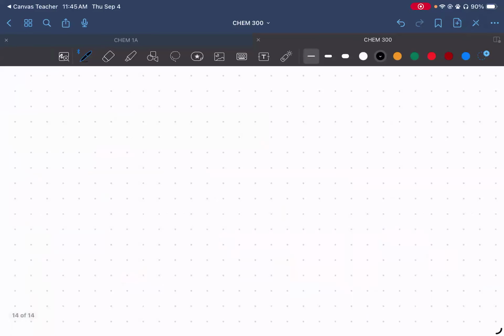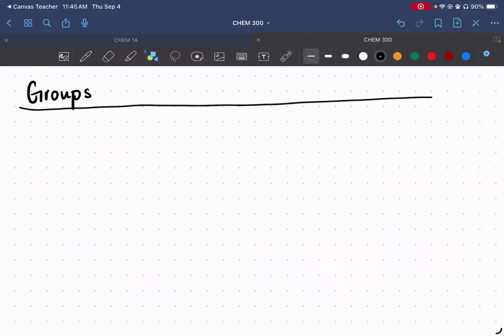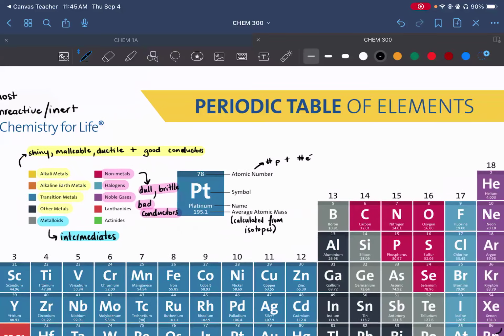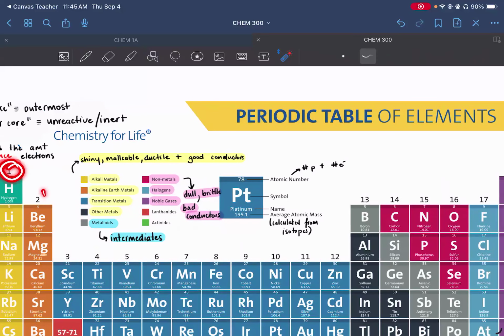So what do groups specifically tell us? Well, as I just mentioned, they tell us the valence electrons. So let's take a second to be sure we know exactly what that means. On the periodic table, you should have noticed that there is a number floating above every column, above every group.